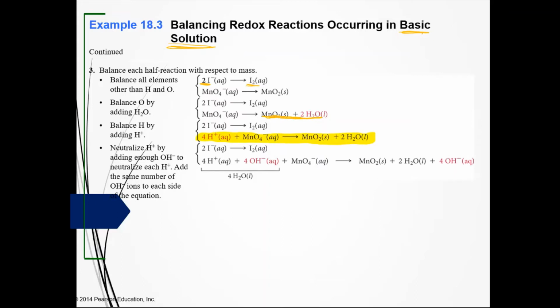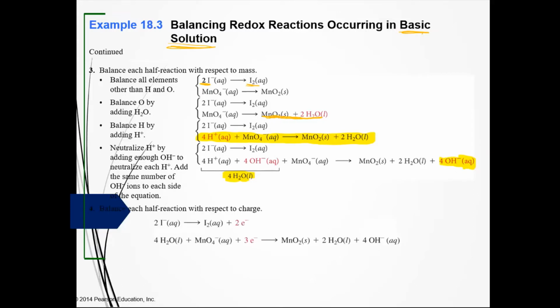We're going to add in hydroxide to the side that needed H+, turning it into water. We're going to add in the same amount of hydroxide to the other part. And then we can consolidate them. So we need 4 waters on this side with 3 electrons. And then on this side, you need 4 hydroxides and our 2 waters.